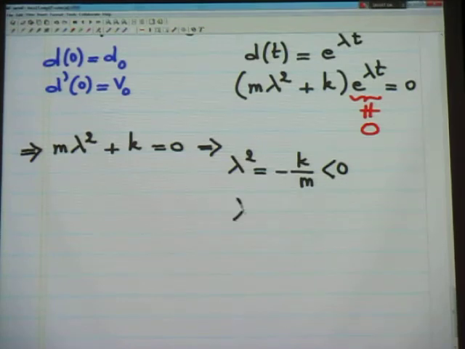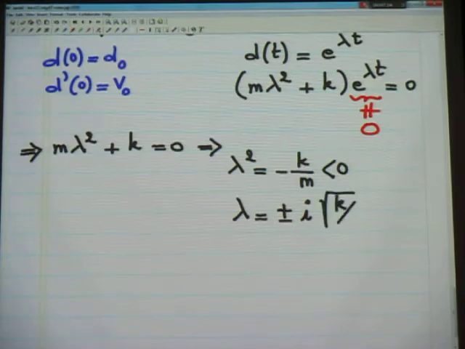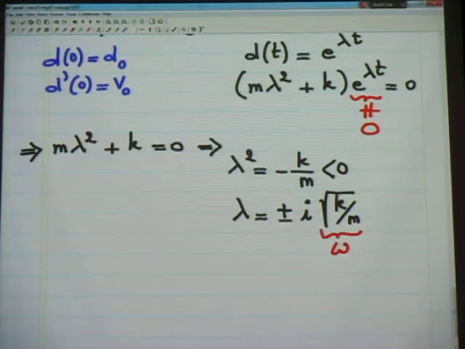Therefore lambda is plus or minus the imaginary number i times the square root of k over m. The square root of k over m is usually given the symbol omega, which is the circular frequency. So lambda is plus or minus i omega.